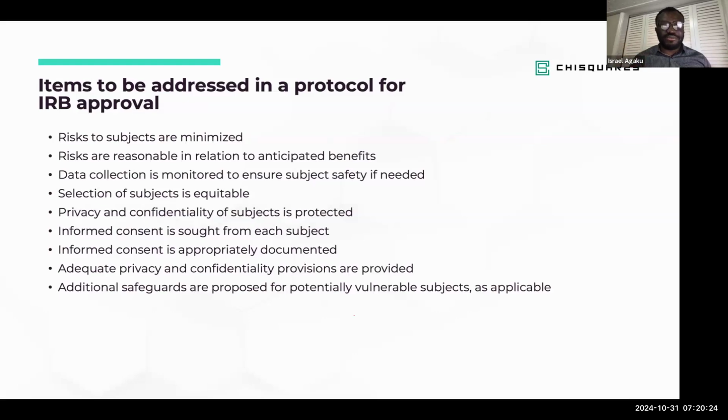The risks have to be reasonable and proportional to the anticipated benefits. The data collection is monitored to ensure the safety of subjects, that selection of participants is equitable, that there are privacy and confidentiality measures in place to protect those, and that informed consent is sought from each subject.